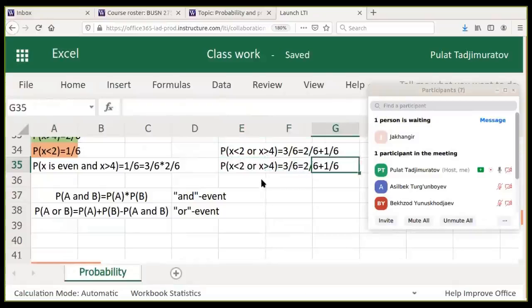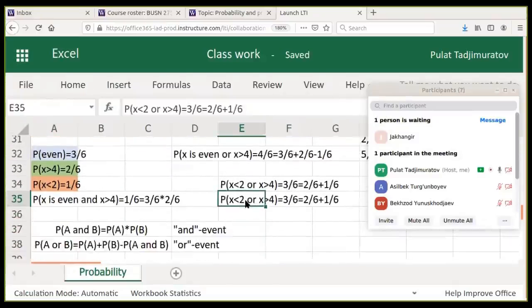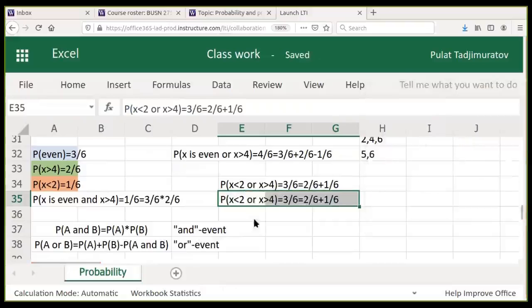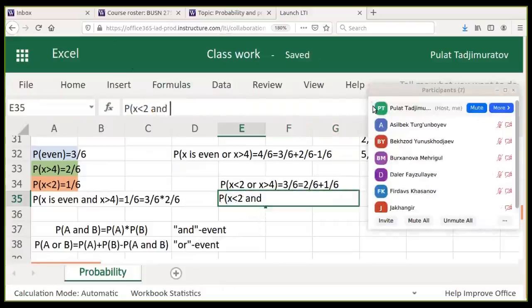But here it's such a way because the probability of a die roll being less than 2 and more than 4 at the same time is 0.